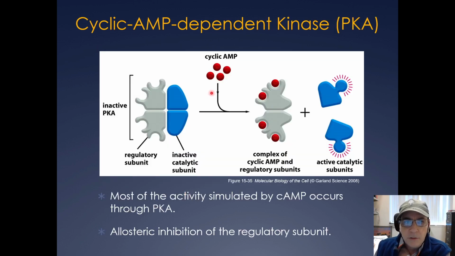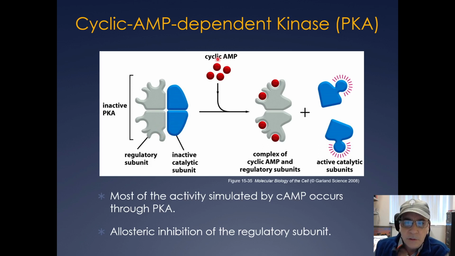And so once you have cyclic AMP, what ends up happening is it activates cyclic AMP-dependent kinase, or protein kinase A, or PKA. The way that works is you have a regulatory subunit which keeps the catalytic subunit inactive.